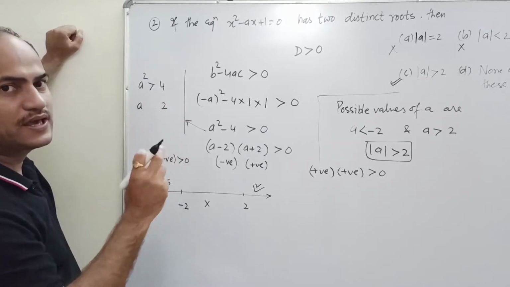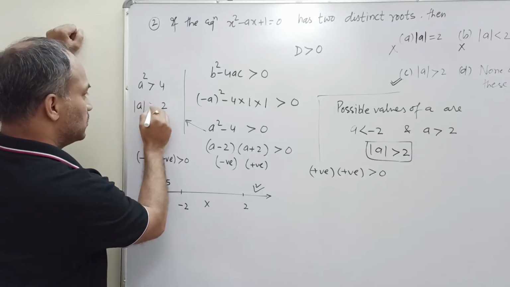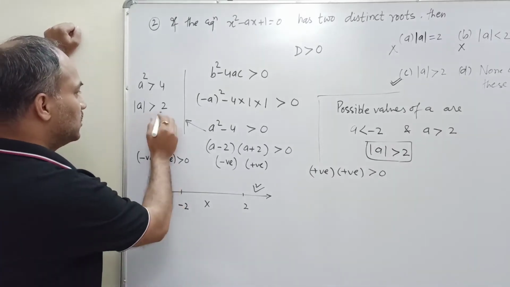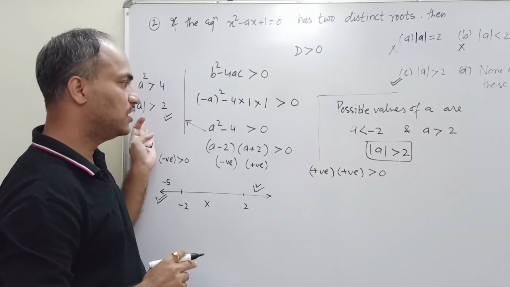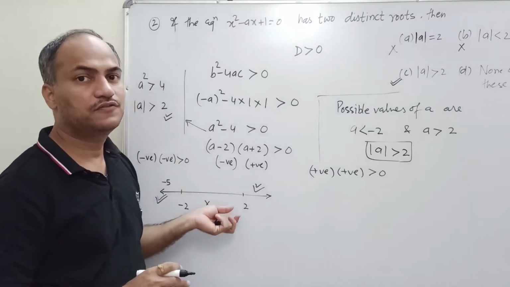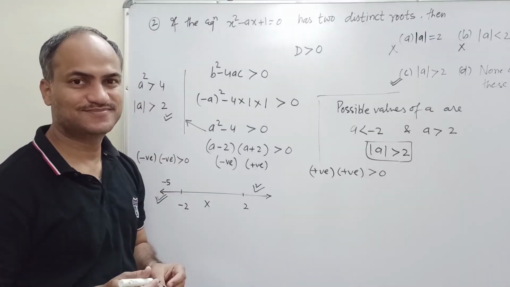But we have to apply plus minus or the modulus. So we are applying modulus. So modulus A is greater than or equal to 2. This is also one shortcut way of doing it. This is a precise, generalized way of getting the answer. This is a shortcut way of getting the answer.